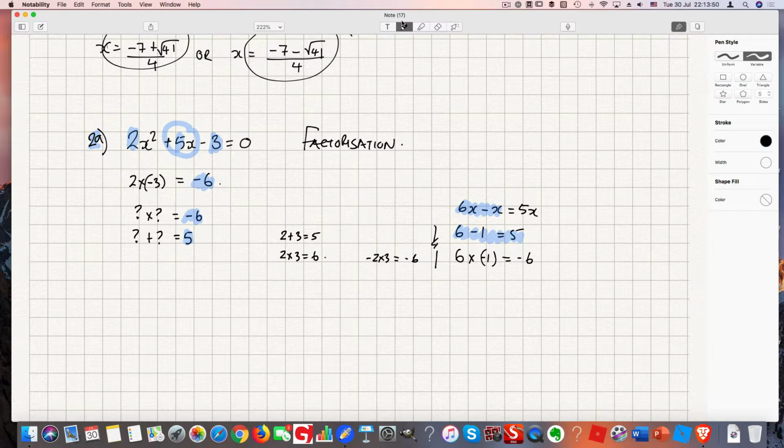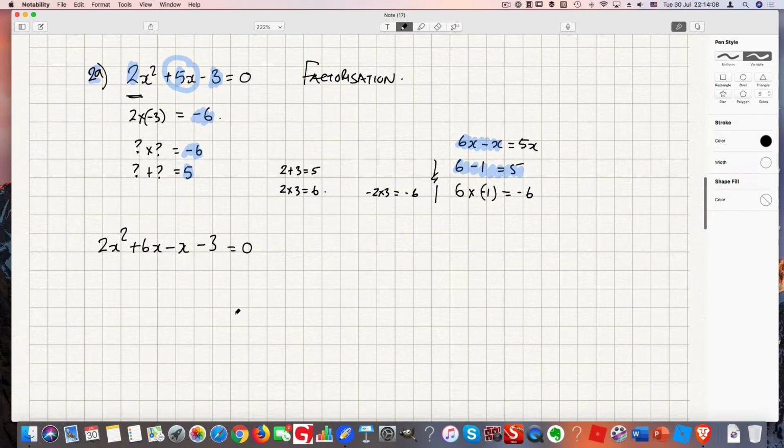So we're going to say 2x squared plus 6x minus x minus 3 equals 0.